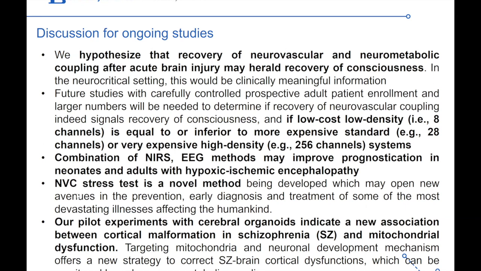And we are now looking into this stress test, which is how neurovascular coupling changes under physical and cognitive stress, and to see if that can somehow provide us a way to identify mild cognitive impairment, vascular dementia, or other brain disorders early on that are affecting humankind.